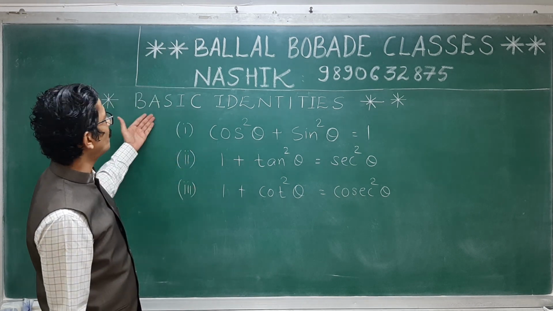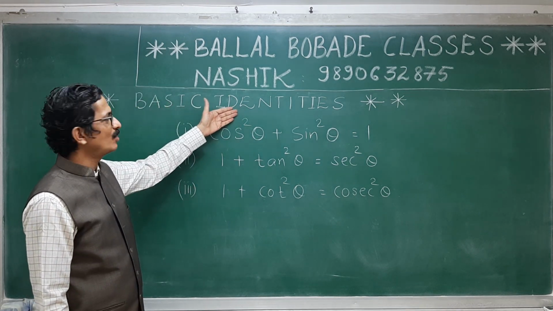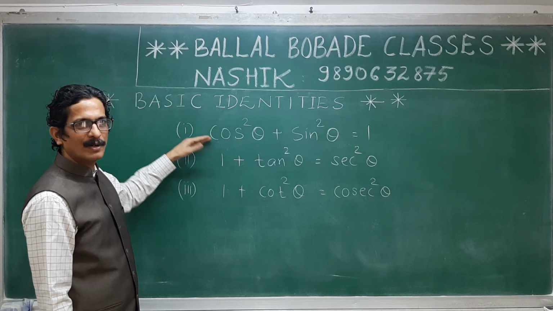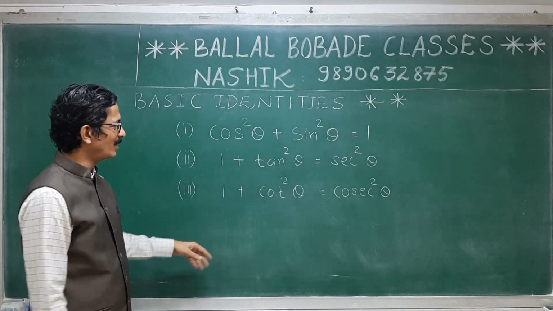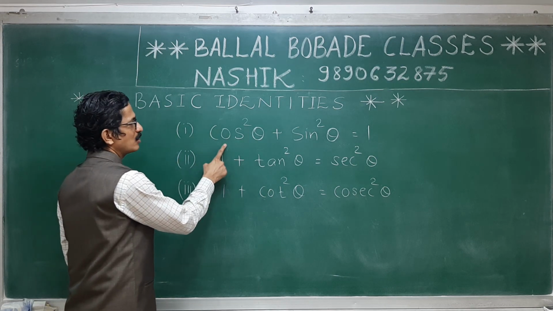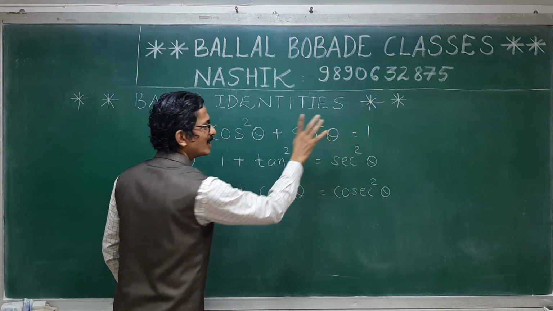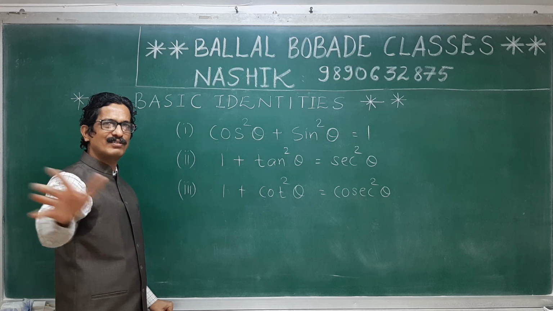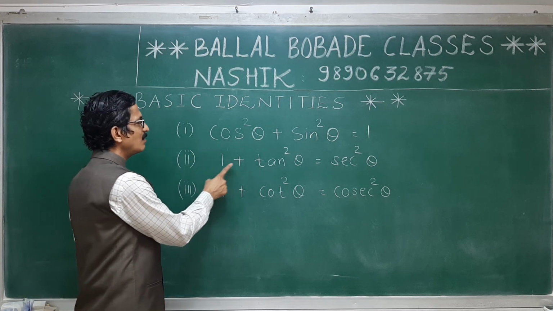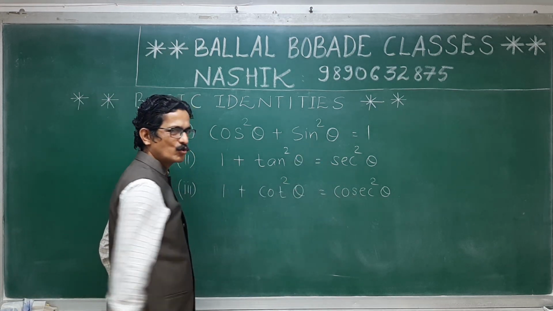Students, these are the basic identities on which the great building block of trigonometry and all mathematical sciences are based. First one, cos square theta plus sin square theta is always 1, and it holds for all theta. Second, 1 plus tan square theta is sec square theta.